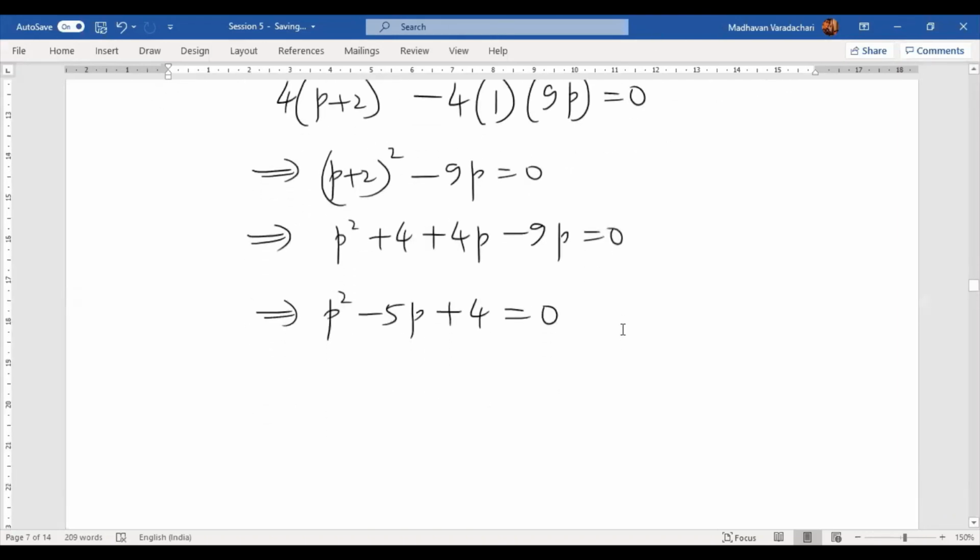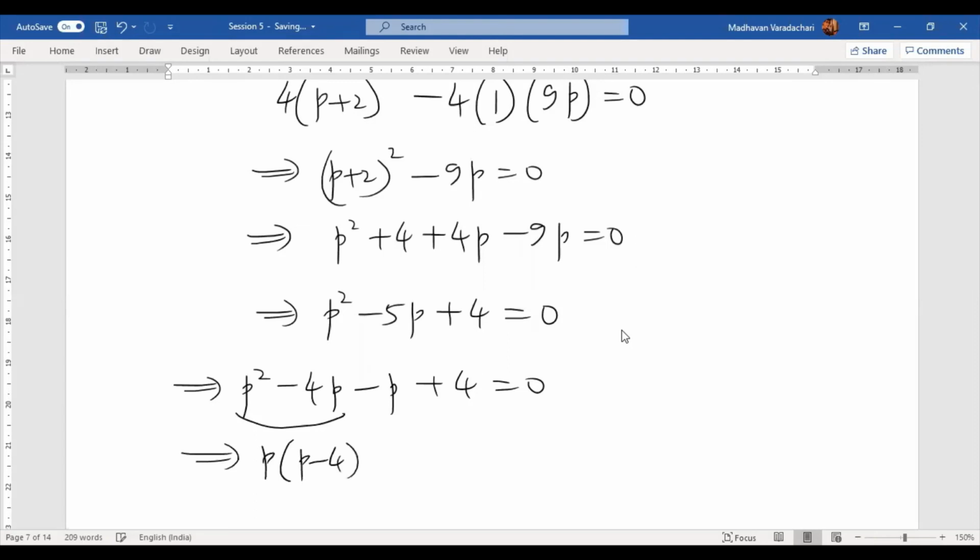Now I can factorize this. I will have p square minus 4p minus p plus 4 equal to 0. Now in this, common is p minus 4. Here I will take minus of p minus 4 equal to 0.